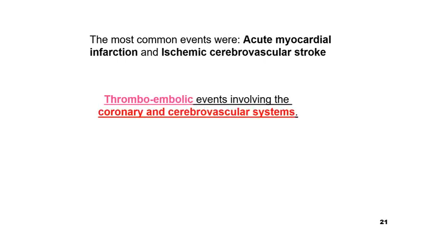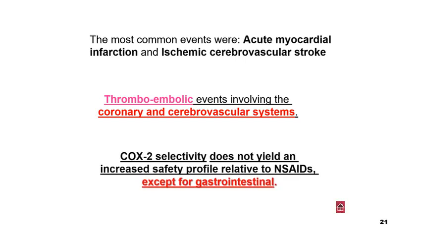This is because these compounds are safe from the gastrointestinal point of view, but they have a great thromboembolic risk involving the coronary or even the cerebral vascularity. So the COX-2 inhibitors are selective from the gastrointestinal point of view, but they still have their own risk regarding thromboembolic events.